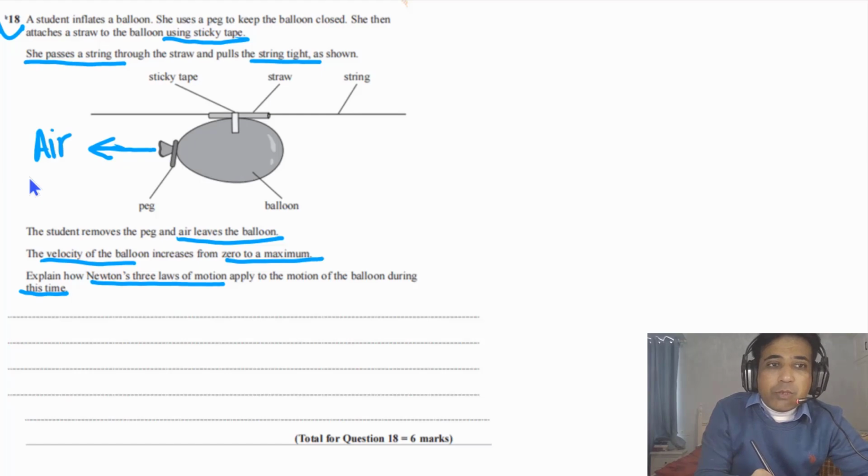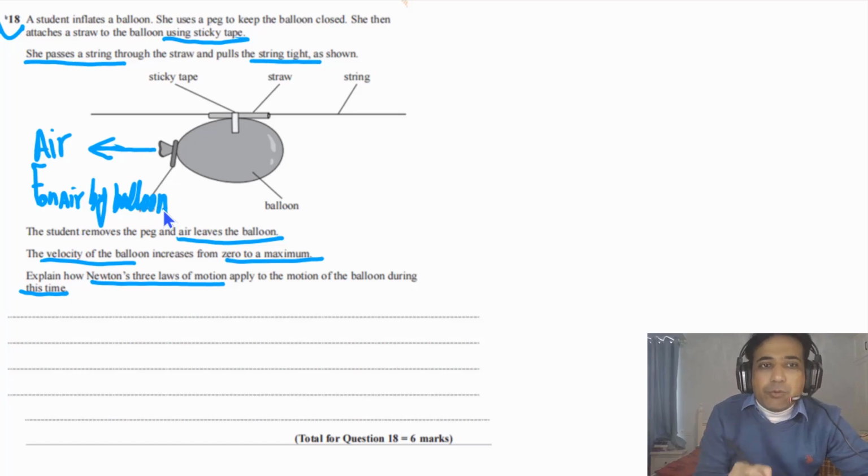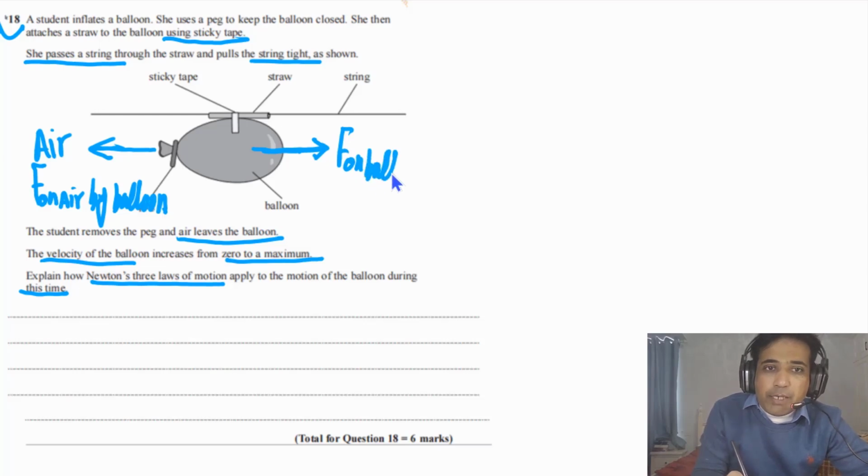Why will air go this way? Because there is a force on air by the balloon. By Newton's third law, there will be a reaction force on the balloon as well. So this has to be in the opposite direction. So this will be the force on the balloon by air.